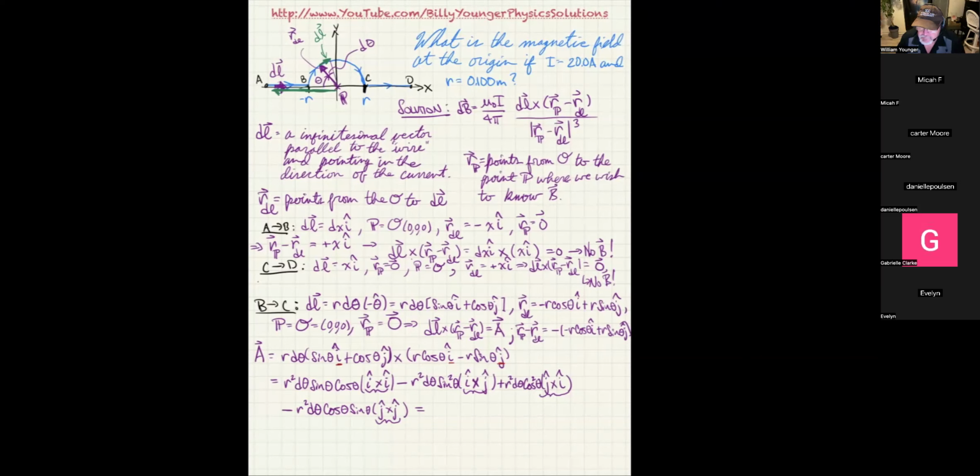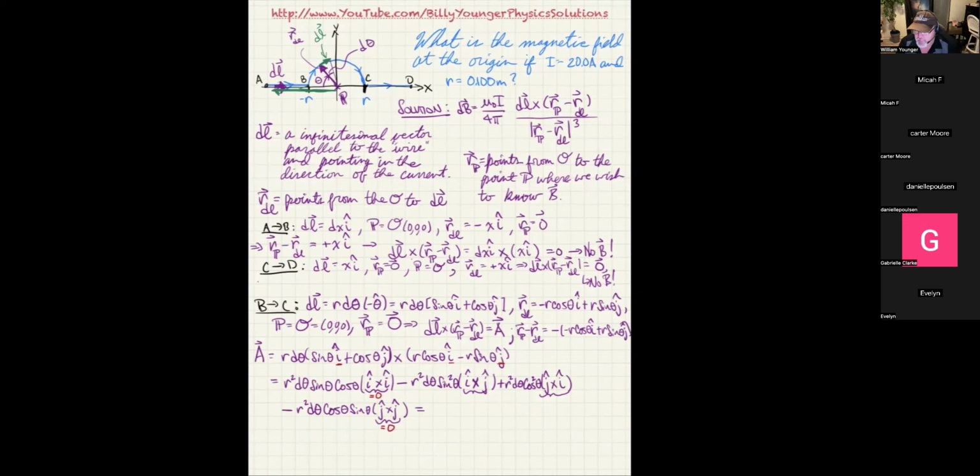Remember that 0. And the sine of 0 is 0, so this quantity is 0. Can anybody take a guess what j hat cross j hat would be? Also 0. Exactly.